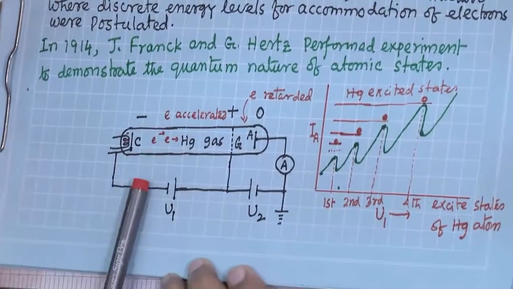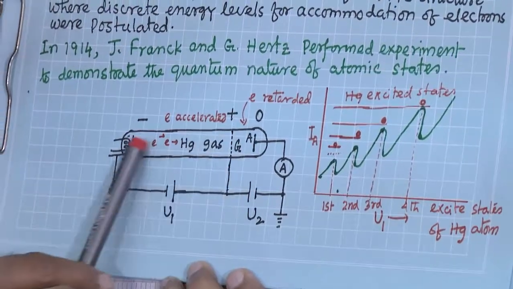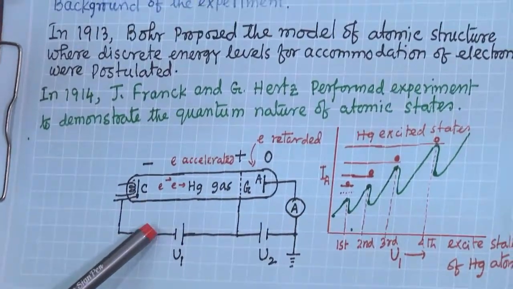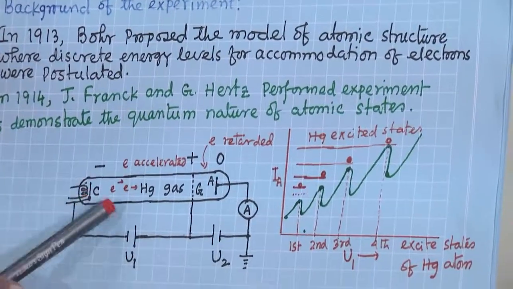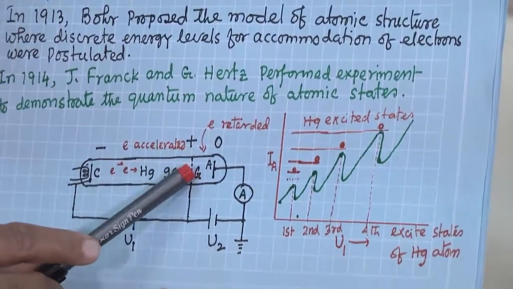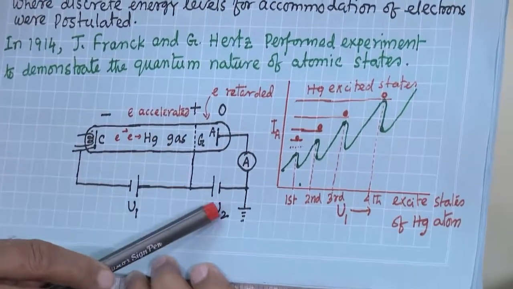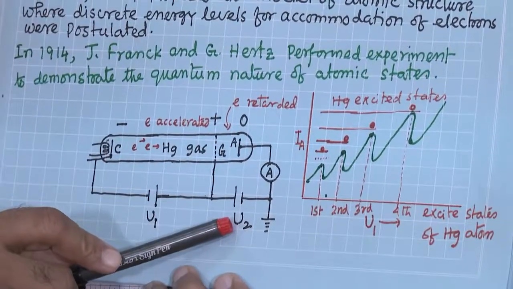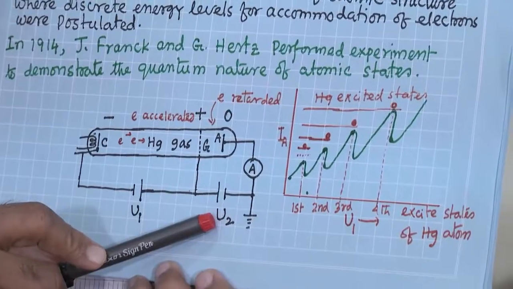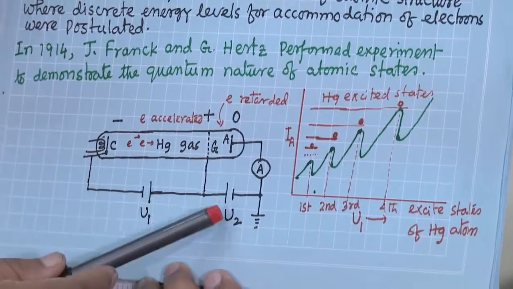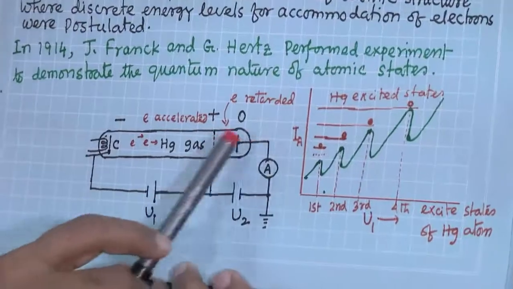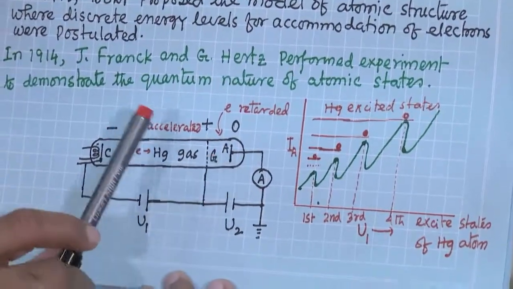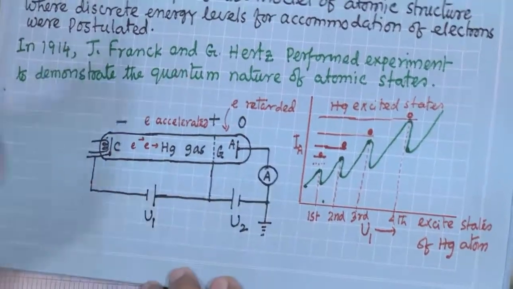So when the accelerating energy of this electron, that is the kinetic energy eU1, is greater than the potential U2, it will be able to overcome this retarding potential. Negative potential here means retarding potential.